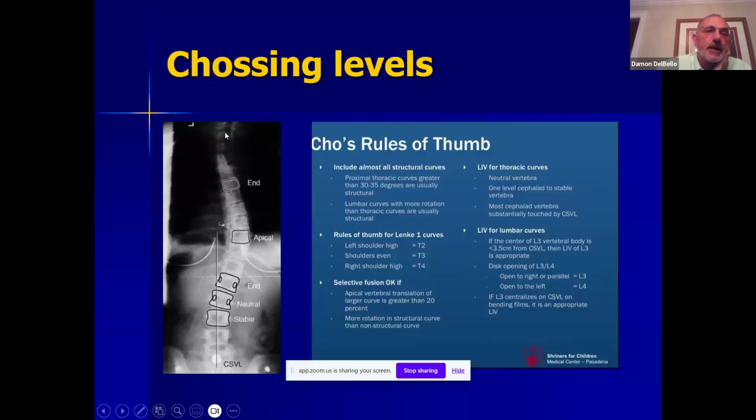When it comes to upper, it has to do with the shoulder obliquity, which I apologize you can't really see here, but if shoulders tilt into the curve, we need to go up to the level that is parallel to that curve, and that's generally T4. Why? Because if you take that T4 vertebra and level it off, the shoulders will level off along with it.